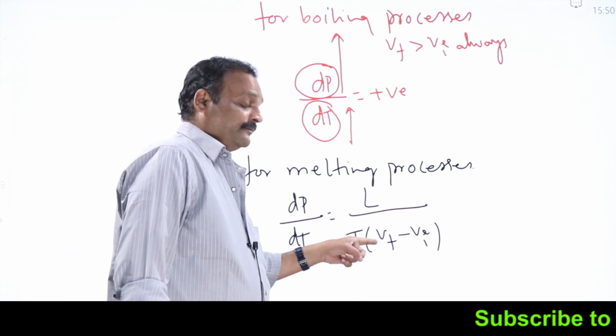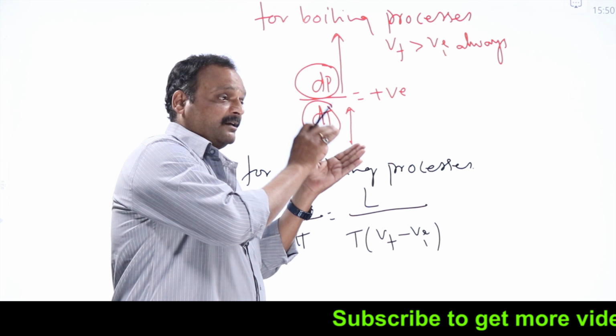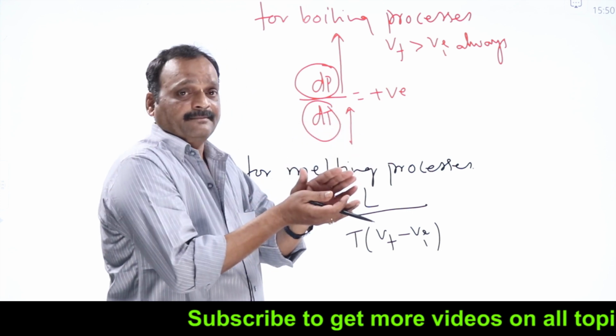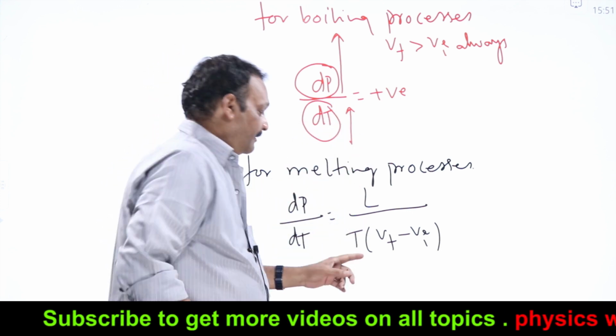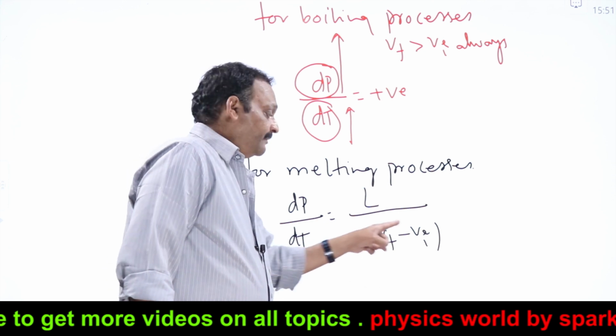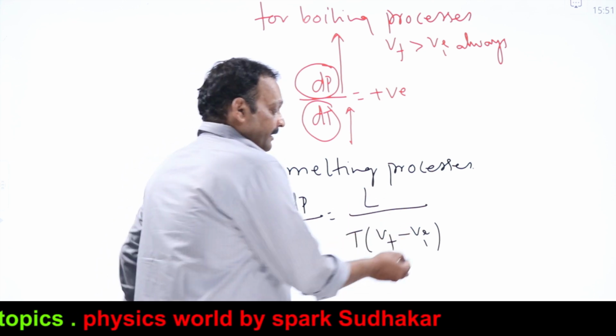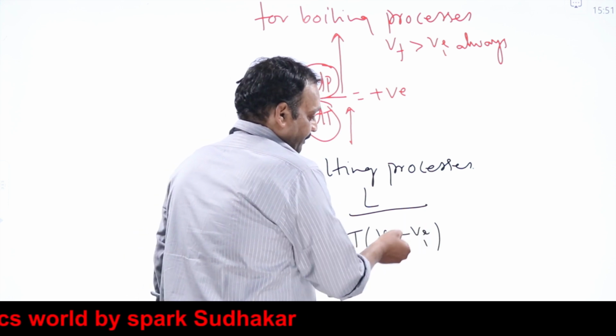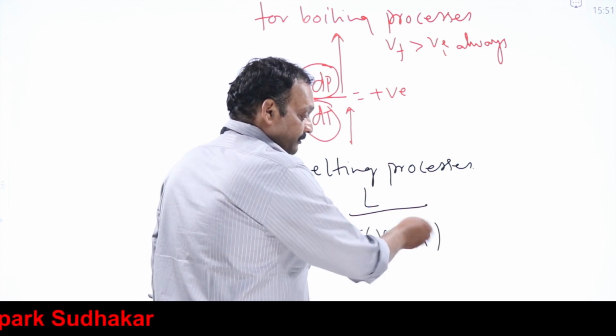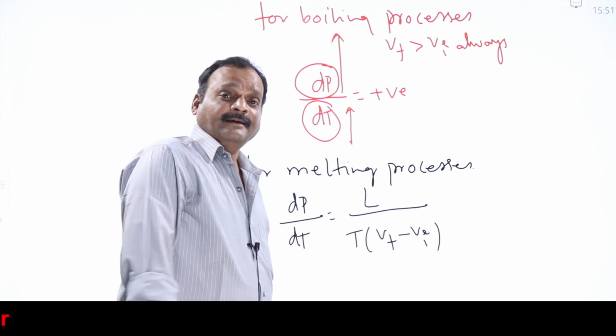Vf is the final volume. Final volume means the volume of the liquid when a solid melts at some specific temperature into a liquid. Vi is the initial volume, meaning the volume when the matter is in the solid state. This is the volume of the solid, this is the volume of the liquid. Both will be at the same temperature.